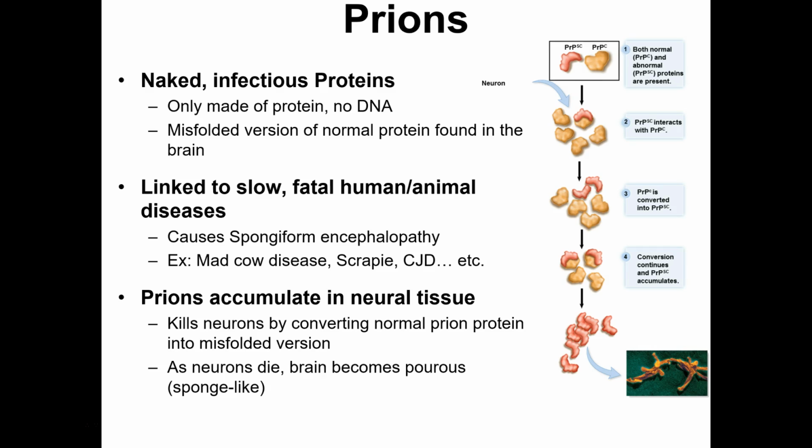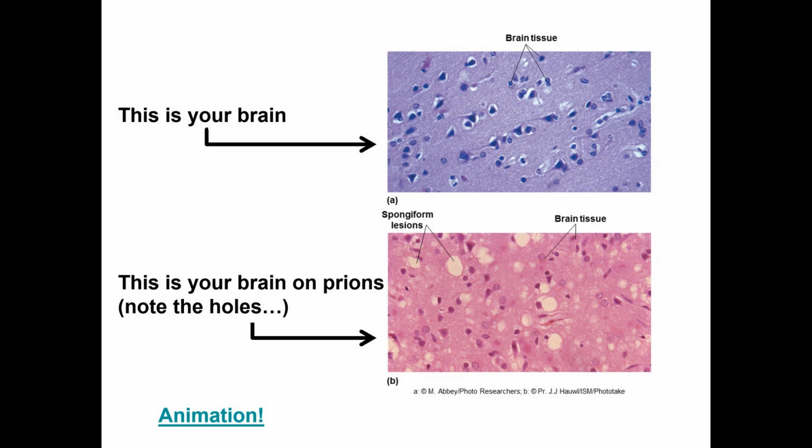They cause neurological decay. And they cause this in a number of warm-blooded animals. So I guarantee you've all heard of mad cow disease. That is a prion-related disease. That's spongiform encephalopathy. We discovered it in sheep. In sheep, it's called scrapie. In humans, it's called Creutzfeldt-Jakob disease, so CJD.